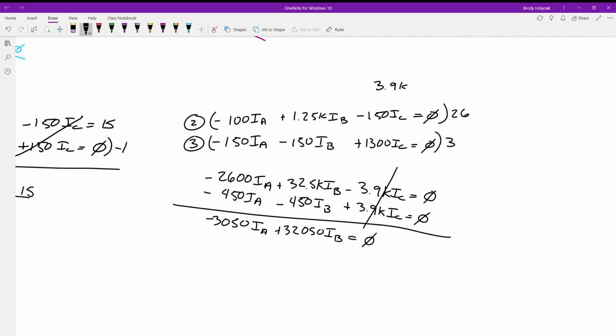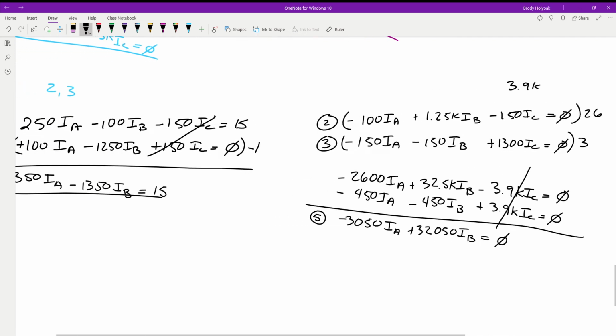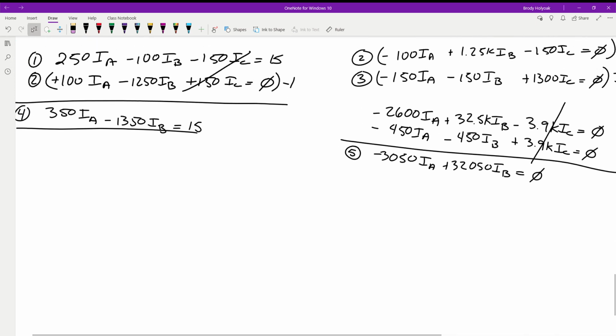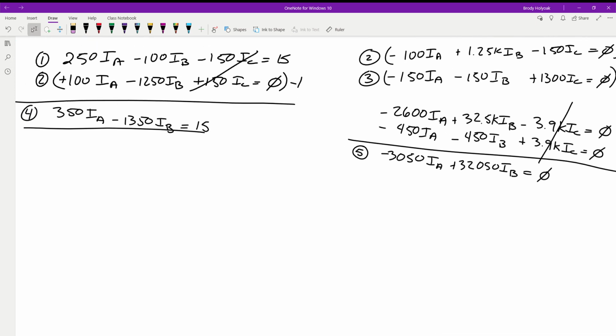This gives us equation 5. So we were able to combine our 3 formulas down into 2 with 2 variables each.